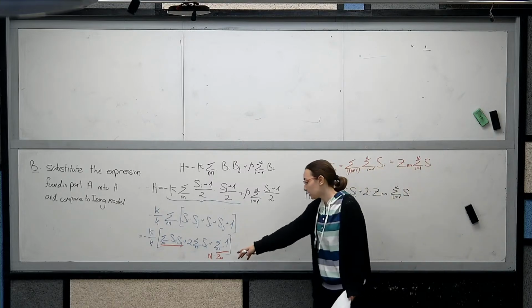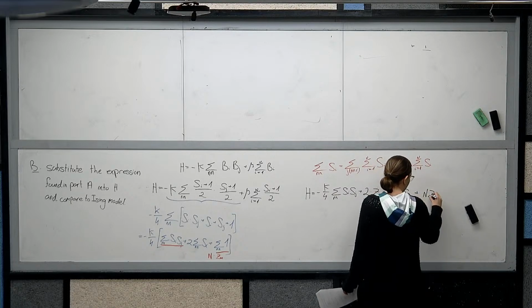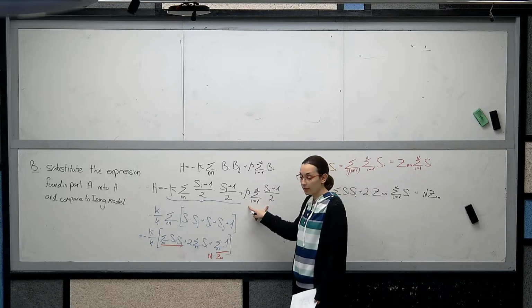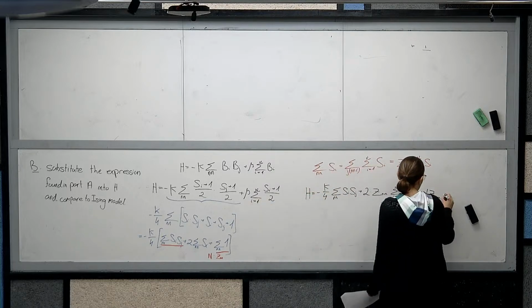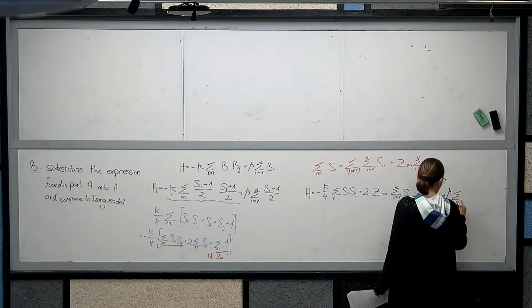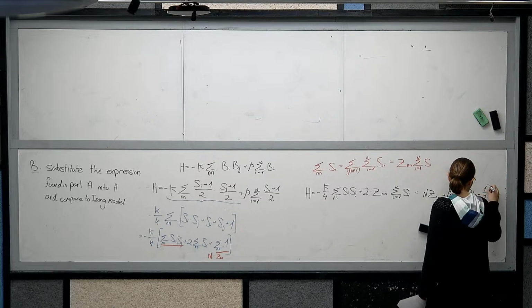We have this constant, and we have this external field value. So we have plus mu, and we're summing from i equals 1 to n on Si divided by 2 plus half.